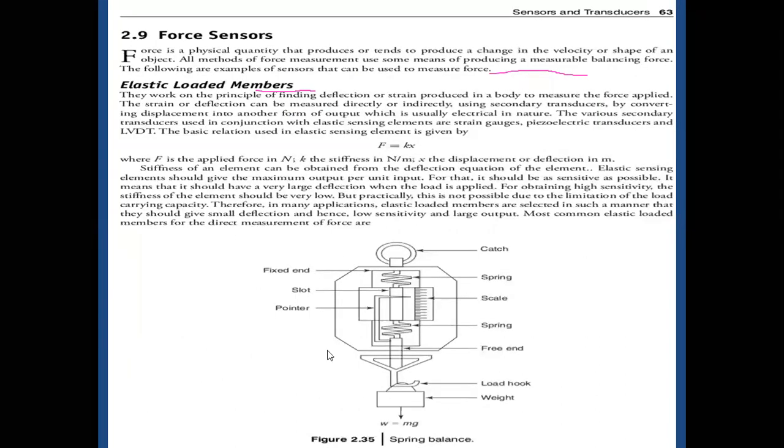So in the spring balance, we apply the force at the bottom of the equipment, and the displacement obtained is read from the scale. Theoretically we have some problems with a formula, where we need to consider the spring: the number of turns, what the spring is made of, and the material.